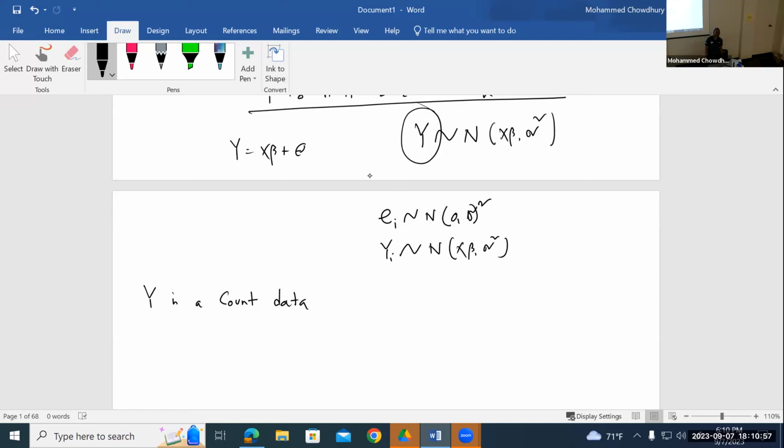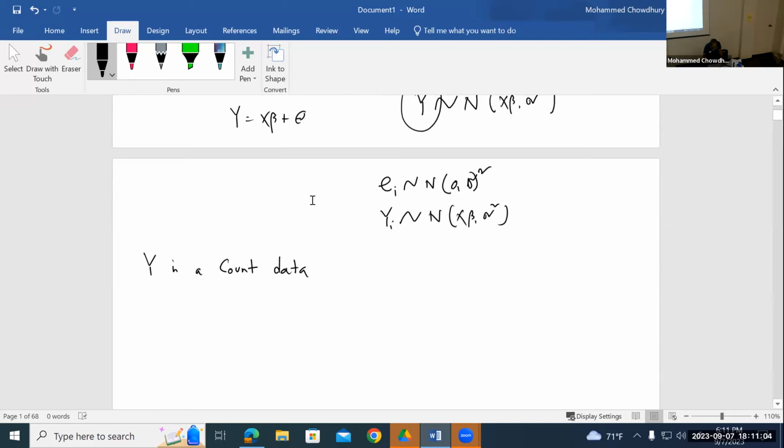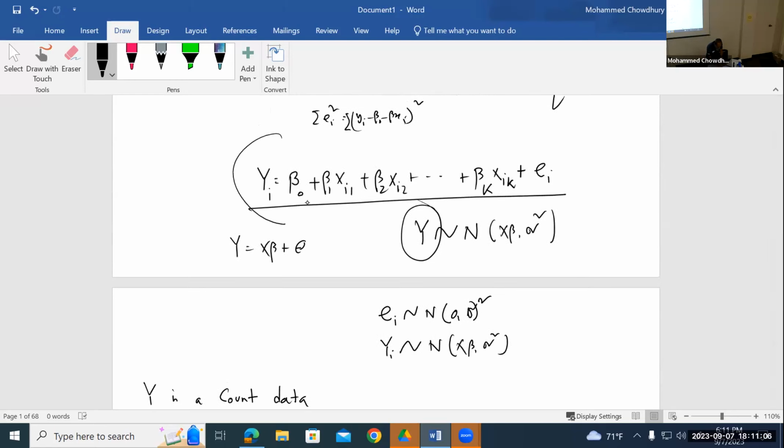So count data. If your data is count data, in such cases this regression is not appropriate because count data follow different types of distributions. Count data follow Poisson distributions, negative binomial distributions. Clear? Normal distribution is not followed by count data.